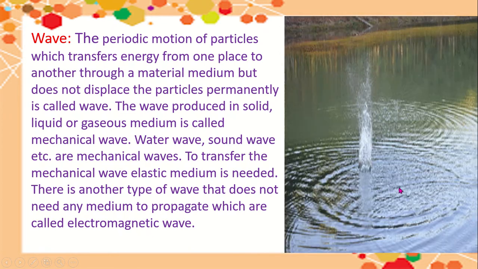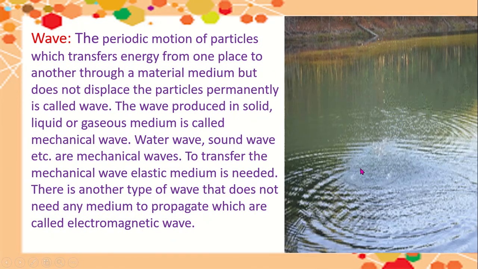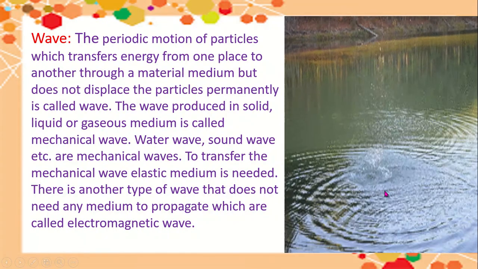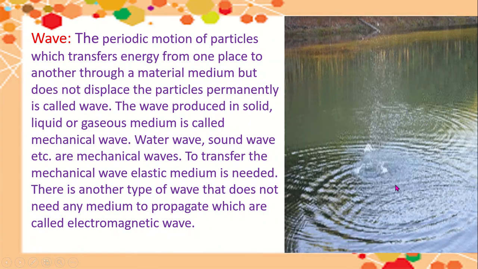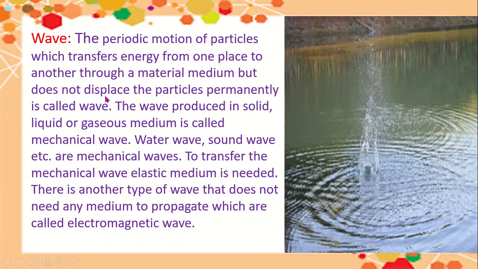So here, this wave propagates and it transfers energy, but it doesn't displace any particle permanently. That means the particles of the water medium will vibrate about their equilibrium position, but they will not be permanently displaced from their equilibrium position. So the wave created by throwing a stone on the pond water is shown here. I think it makes you more clear about wave.